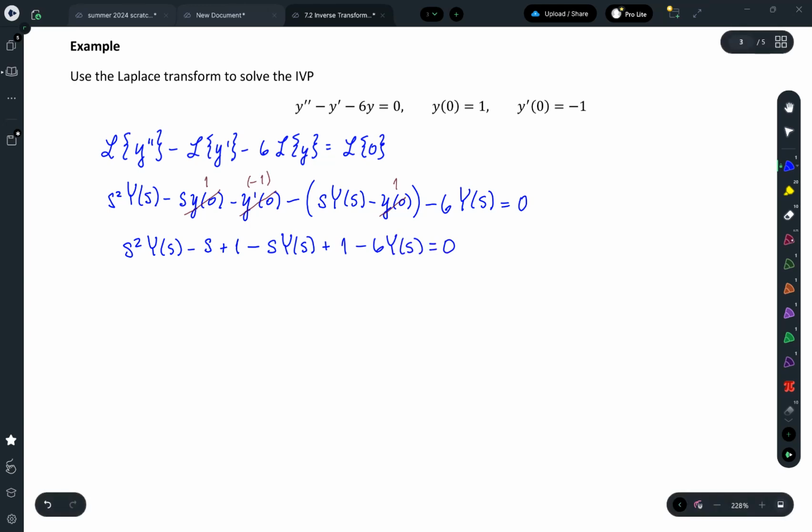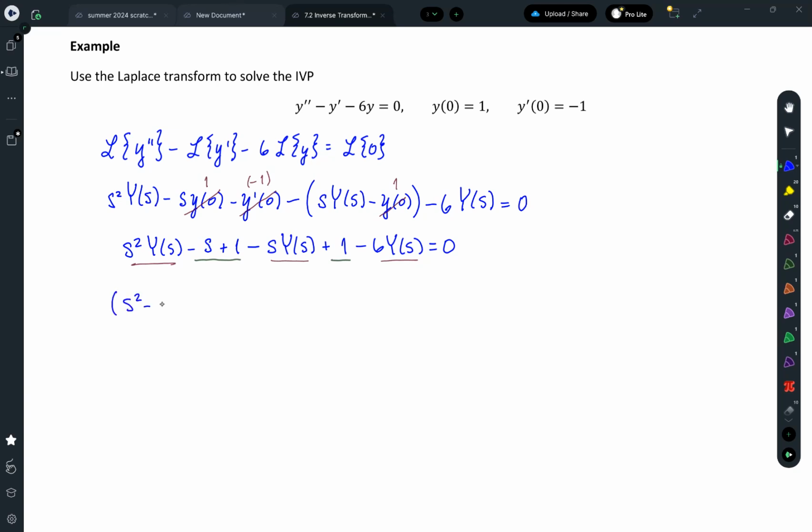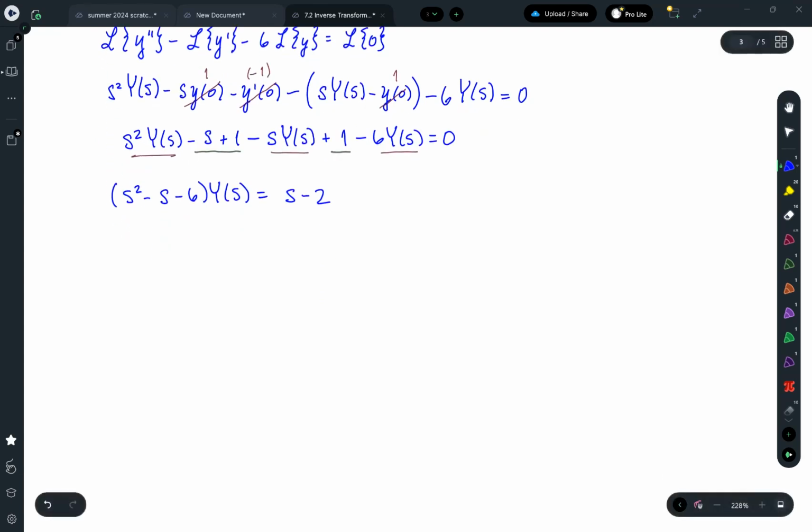Okay, I have 3 terms that all have a big Y of s in them. I'm going to bring them together, and I will take the other things, the minus s plus 1 and the plus 1, and move them to the other side of the equal sign. So when I get the Y of s's together and factor them out, I have s squared minus s minus 6 all times big Y of s is equal to s minus 2 on the right-hand side.